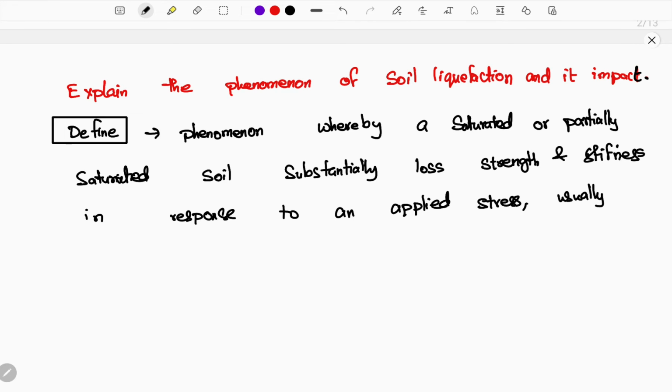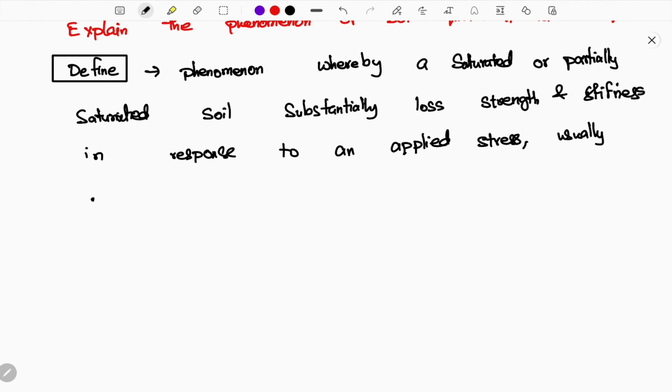That applied stress is usually, as in the example I provided, mostly because of an earthquake, shaking, or other sudden changes, which means other sudden changes can also be responsible for the soil losing its strength.